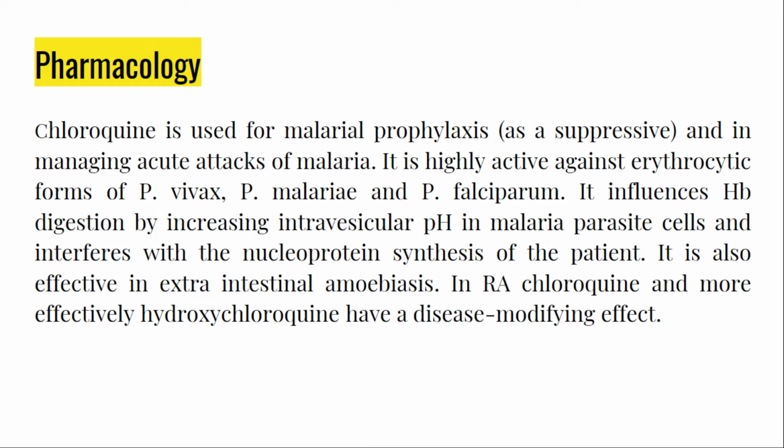It influences Hb digestion by increasing intravesicular pH in malaria parasite cells and interferes with the nucleoprotein synthesis of the parasite. It is also effective in extra-intestinal amoebiasis. In rheumatoid arthritis, chloroquine and more effectively hydroxychloroquine have a disease-modifying effect.